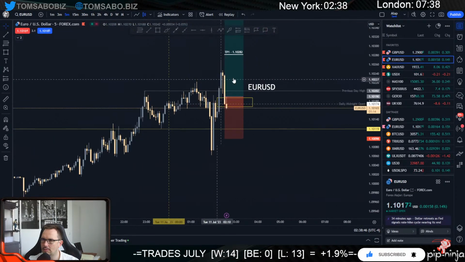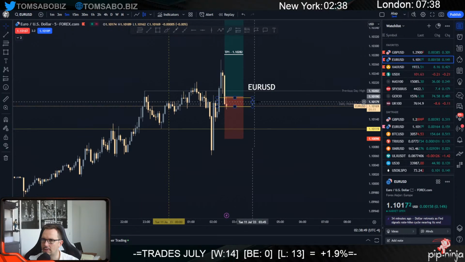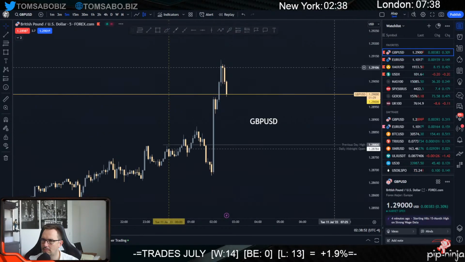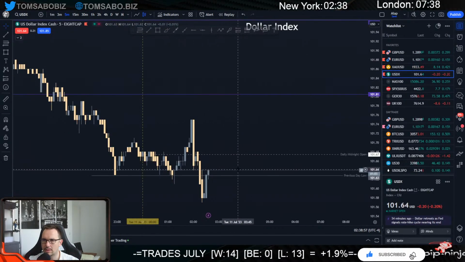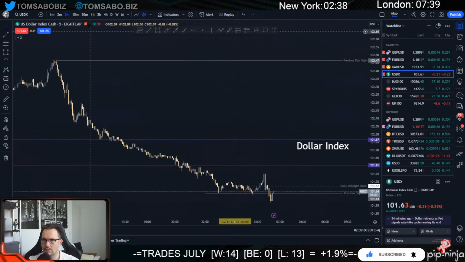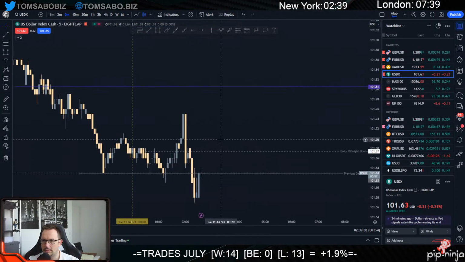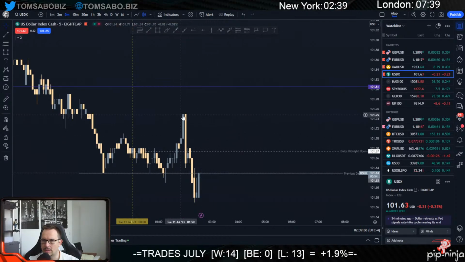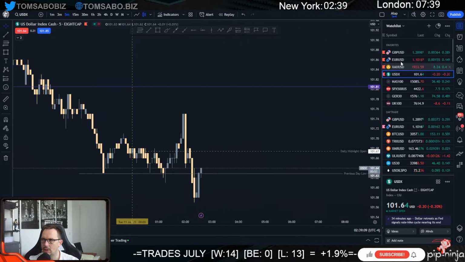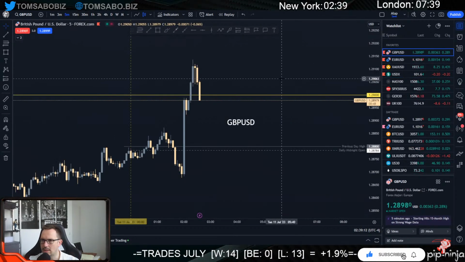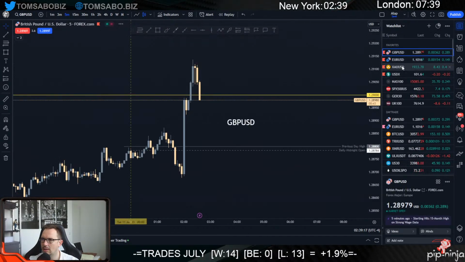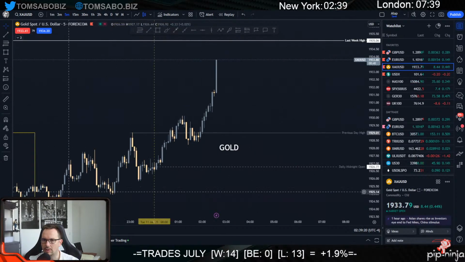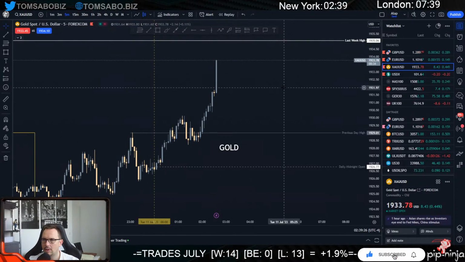As for euro, euro is still down there in this fair value gap. Pound as well. The dollar index is coming back into this fair value gap. So if it wants to go lower, I don't want to see it trade above this swing high, because then we're looking at a crazy day. My euro is not looking good. Look at gold, wow. Gold is looking to go higher.